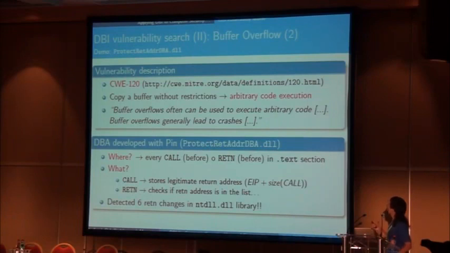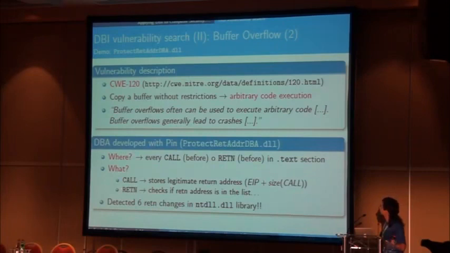What this tool is going to do is every call and every return in the text section are going to be instrumented. Each time I find a call, I will store the legitimate return address, which can be computed with this formula.